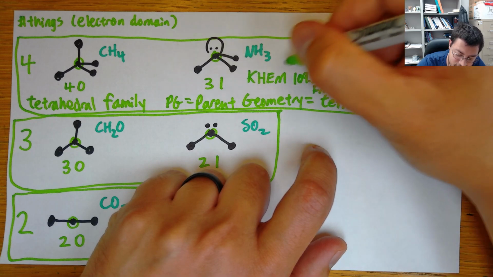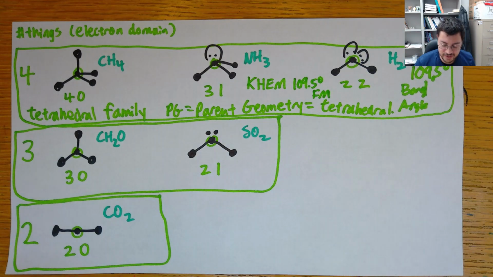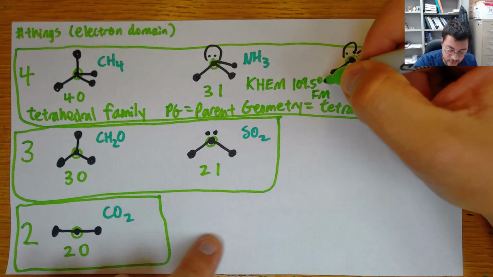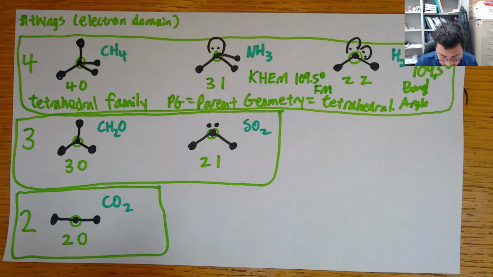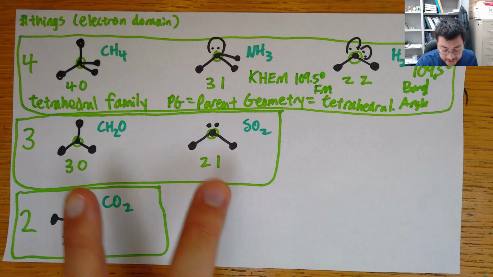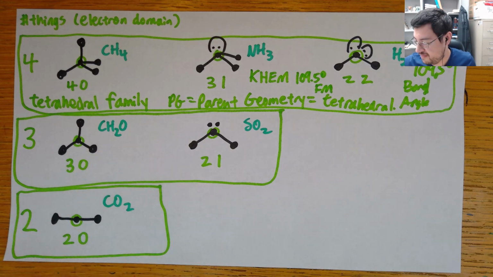That's my radio or TV station. 109.5, KHEM, 109.5, traffic and weather report. So that's the tetrahedral family.